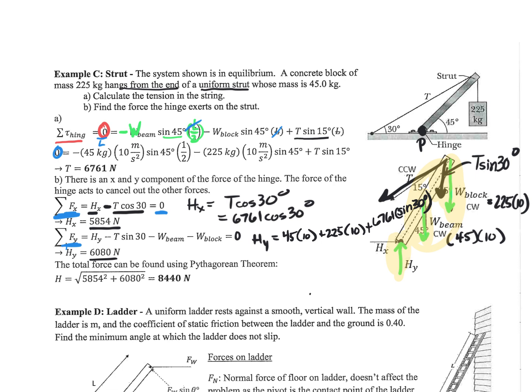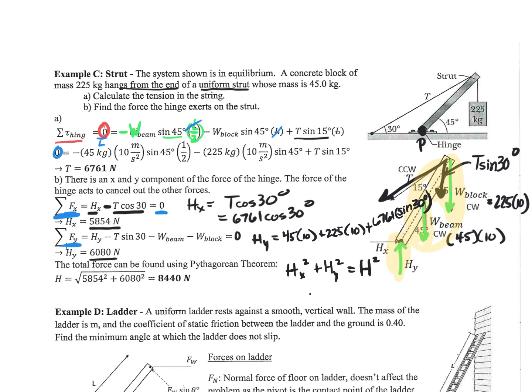Now, if we know H of x and we know H of y, then by the Pythagorean theorem, we know what the total H is on that hinge pin. Remember? H sub x squared plus H sub y squared is equal to the total H squared.